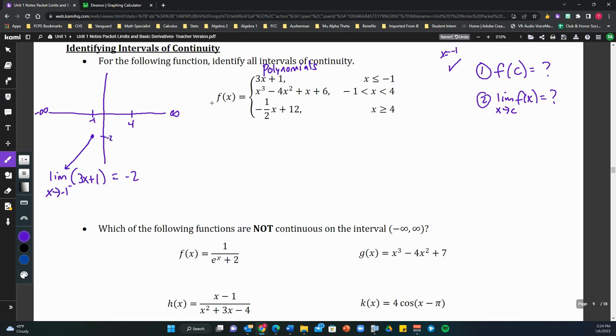So that's the limit from the left side. The limit from the right side would use this middle interval, so I would be using the cubic function there, 4x squared plus x plus 6. If I substitute -1 in there, that would give me -1 minus 4 minus 1 plus 6, or 0.